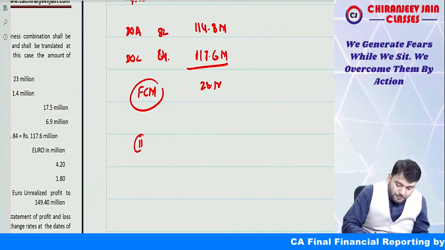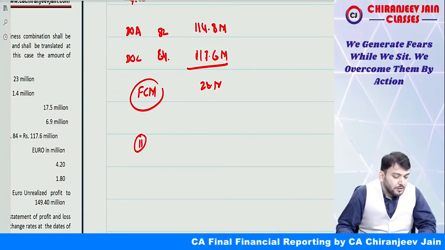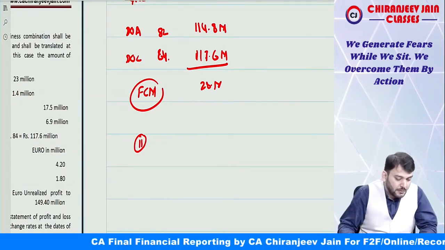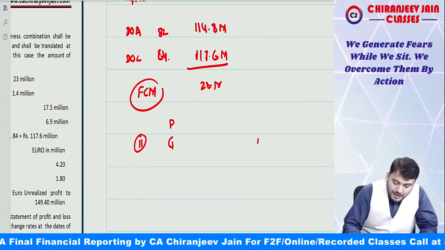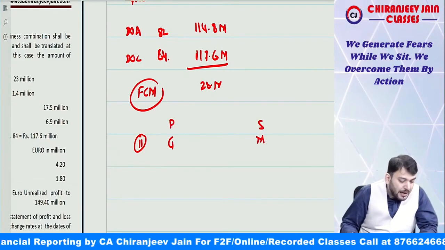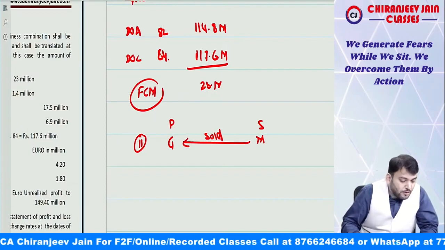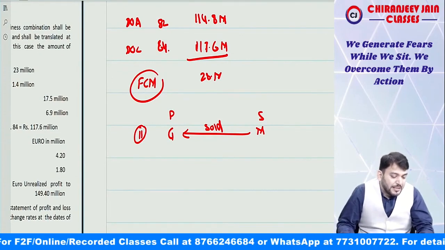Just try to understand this point. We are doing point number 2. First, Global Limited is the parent company and Mark Limited is the subsidiary company. Mark Limited sold goods to Global Limited.